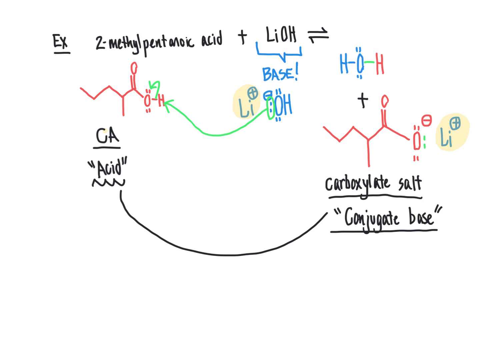So when you're looking at chemical reactions, what you want to evaluate is when you see a carboxylic acid, ask yourself, is a base present? Because if a base is present, then what will happen is that carboxylic acid will very easily lose its proton, such that this equilibrium very, very much favors the carboxylate salt being the predominant major organic product of the reaction.